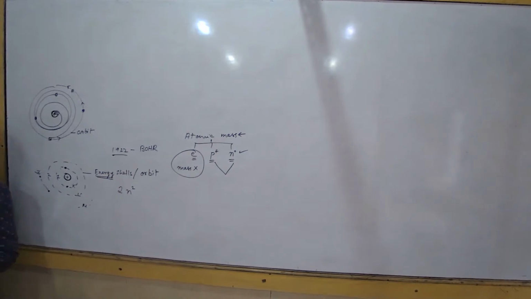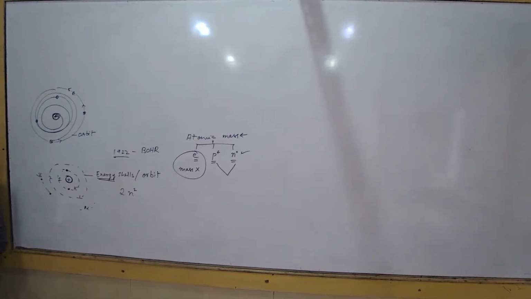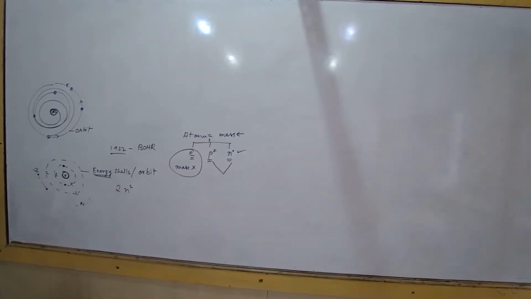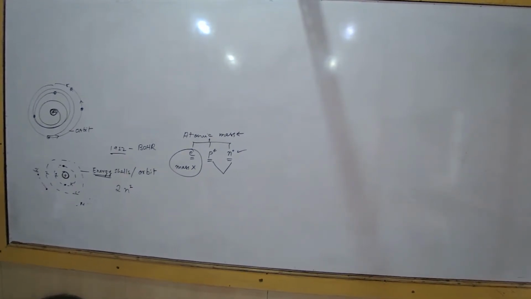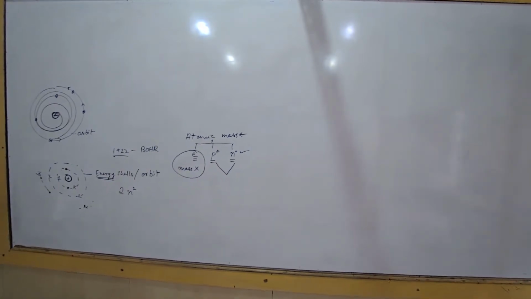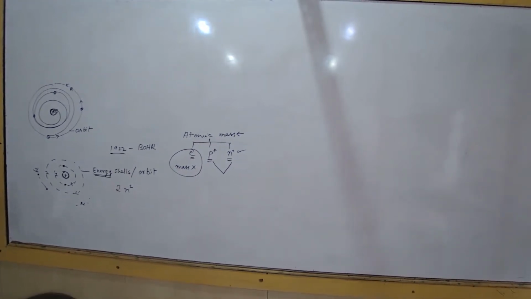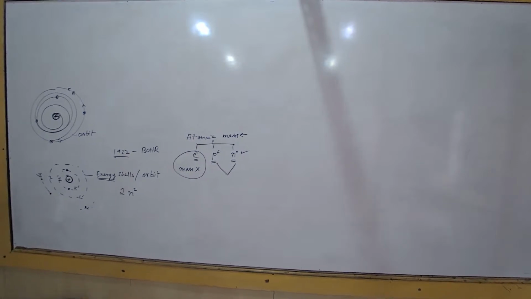This neutron obviously has to be present within the nucleus itself. Got it? Read that. Chadwick discovered another subatomic particle which had no charge and a mass nearly equal to that of a proton. Did you understand? The mass of the proton is almost equal to the mass of the neutron.